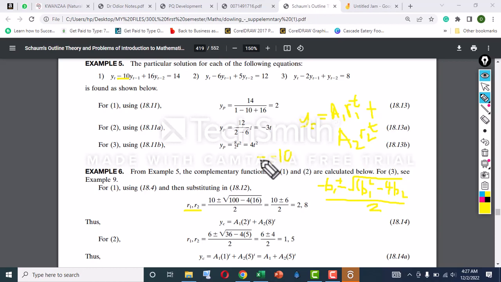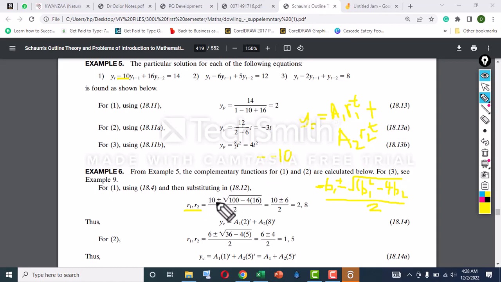Don't be tired of writing it 3 times. Don't be tired of writing it 4 times. Because if you just take minus 10 here, you're going to put minus 10 here, your whole answer is now wrong. So you have to write the first minus that is in this formula, then put its own minus 10. So that will be minus times minus, plus 10. That's how they get their plus 10 here.